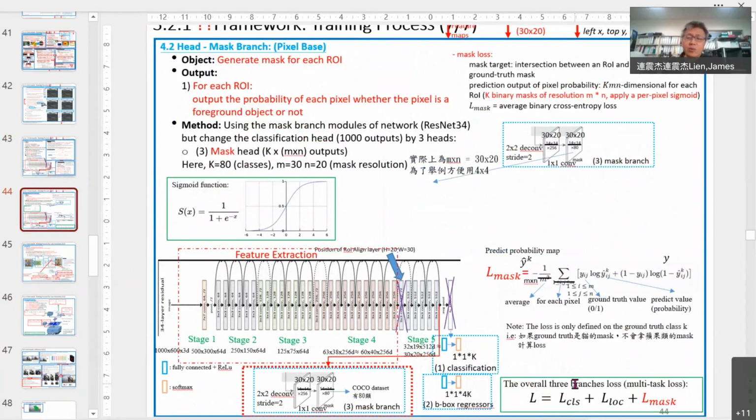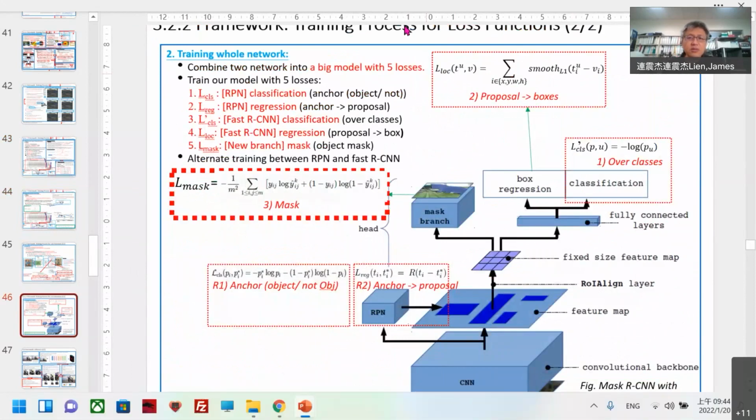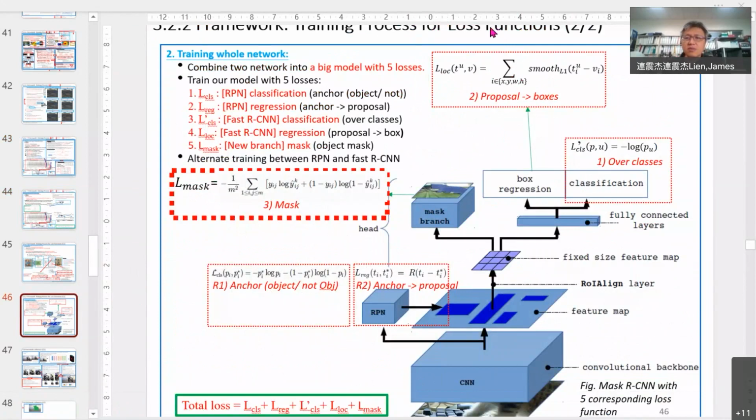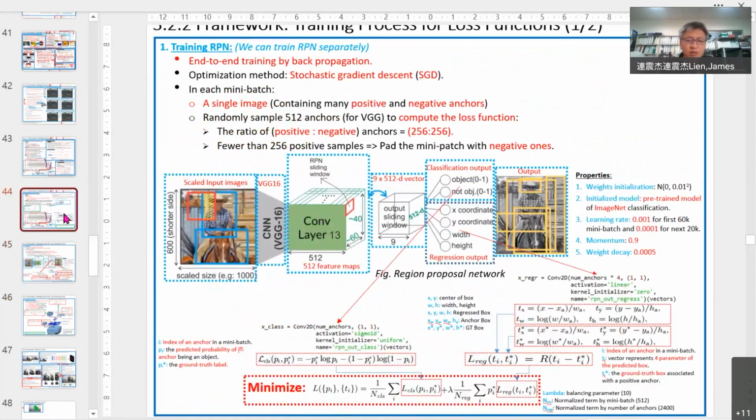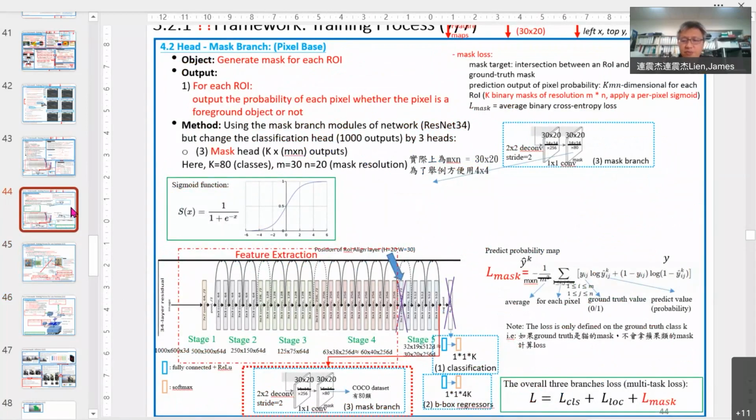But when you do the total loss, if you use RPN, actually there are 2 more loss functions here. Previously, in page 44, we had 3 total outputs, the input and output with 3 total losses.